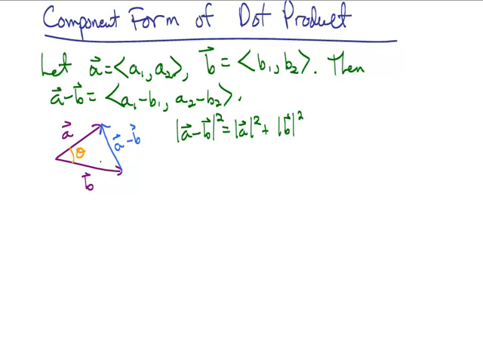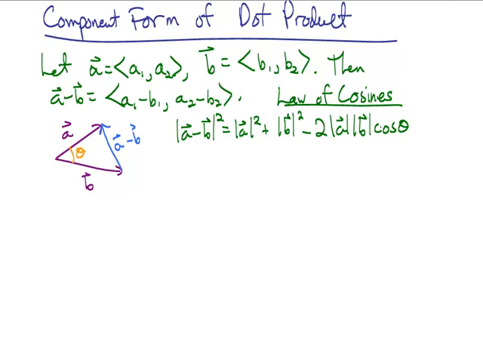So the lengths of the two sides adjacent to that angle, minus 2 times the magnitude of A times the magnitude of B times the cosine of the angle between them. Remember, this is just the law of cosines, or law of cosines if you're from the Northeast. Okay, so we've got something we can work with here if we substitute in our components.